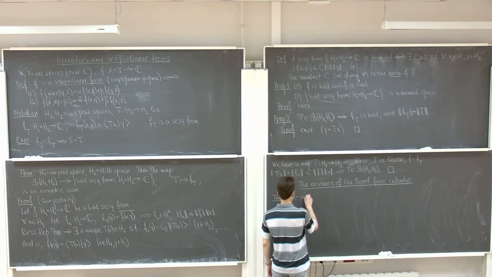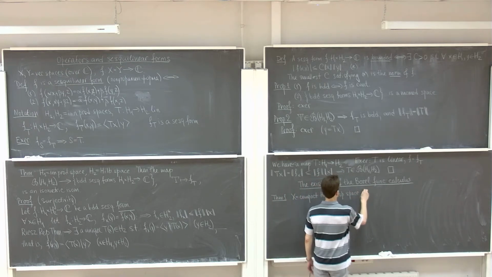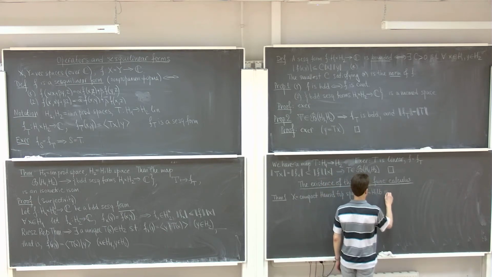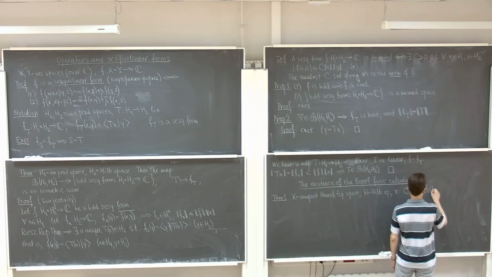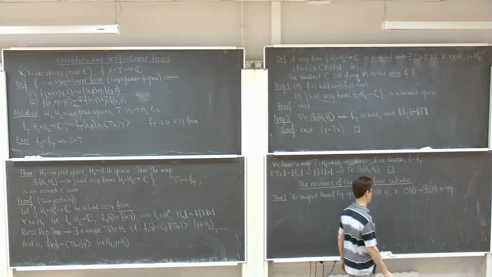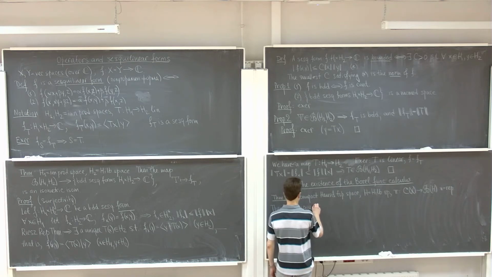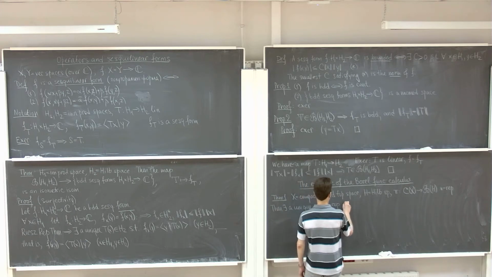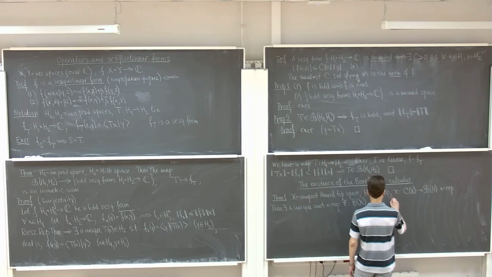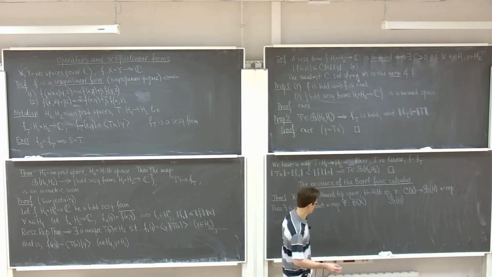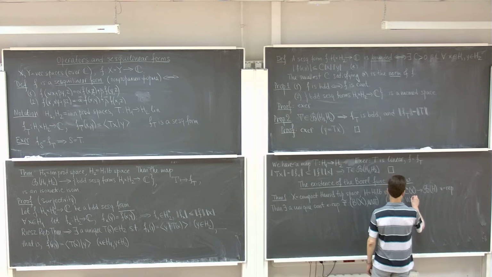Suppose that X is a compact Hausdorff topological space, H is a Hilbert space, and pi is a star representation of C(X) on H. Then there exists a unique continuous star representation, pi tilde, of the algebra of bounded Borel functions on X on the same space H. And this representation is continuous with respect to the weak measure topology on B(X) and the weak operator topology on the algebra of operators.